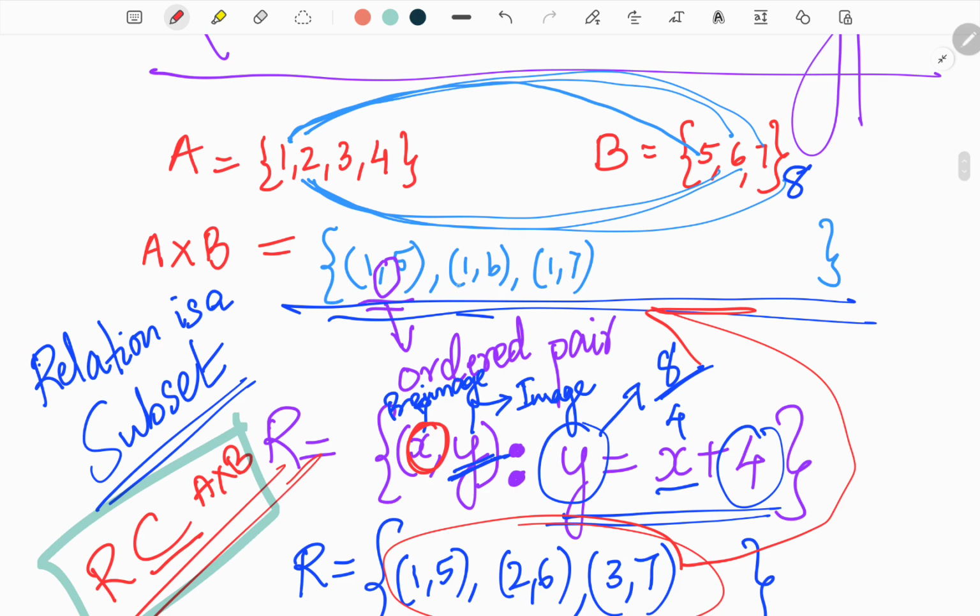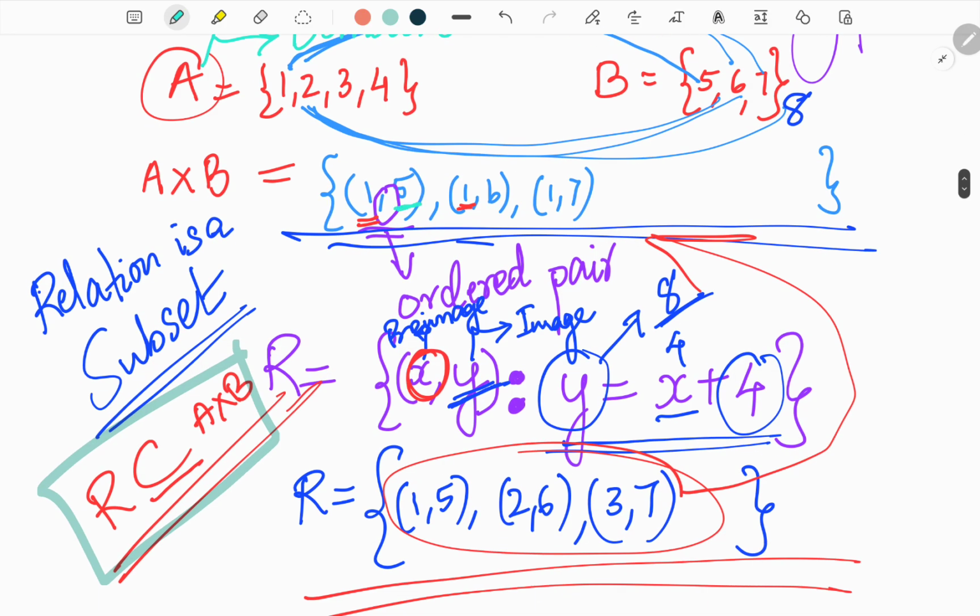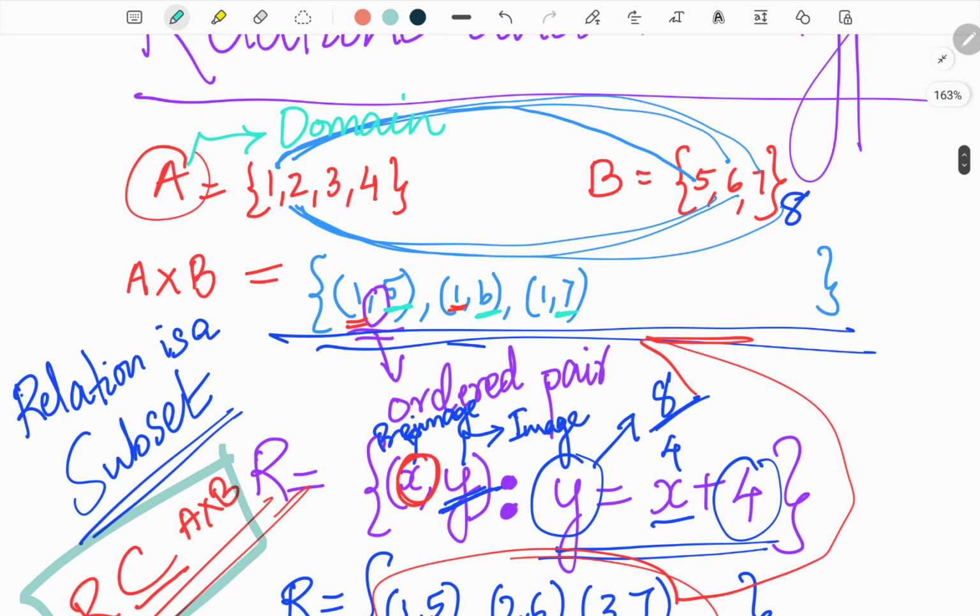In this case, the x values are from the set A, so A is known as the domain of the relation R. And all the y values, that means all the second elements, are from the set B. So this set is known as the range of the relation.